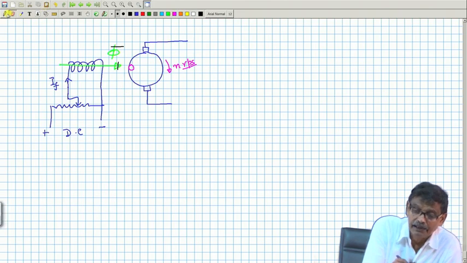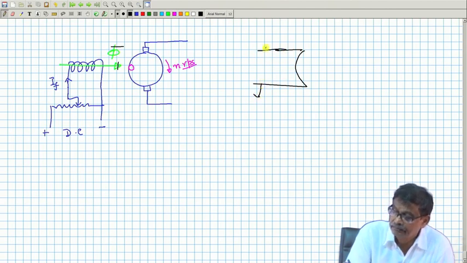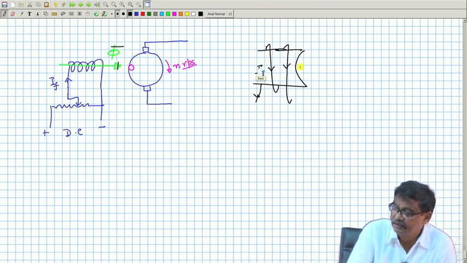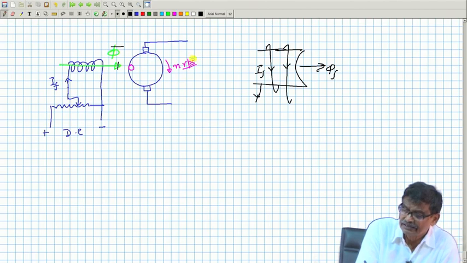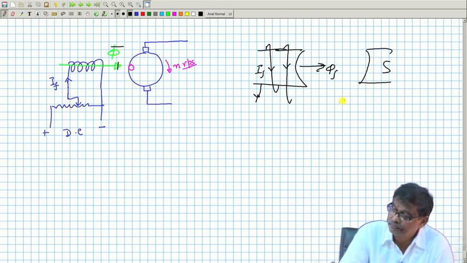So, I have in the back of my mind, this is the field winding. If IF is like this, then this is phi f, that is what I mean. So, on the other side there is a south pole, is it not?